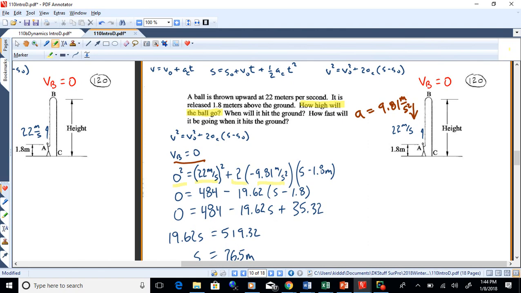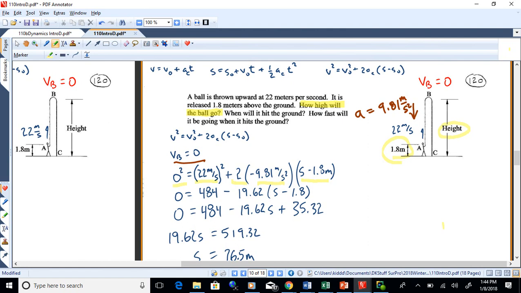And then I've got S, which is the height. But notice the height is measured from the ground. The ball is released 1.8 meters up from the ground. So to get this distance here that I'm solving for with using the velocity of 22 and 0, I'm going to use S minus 1.8.